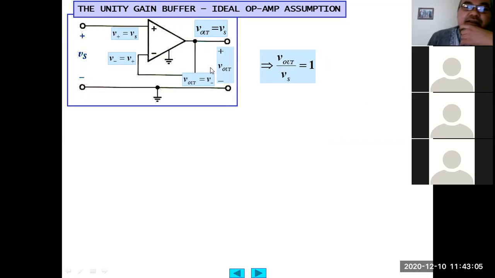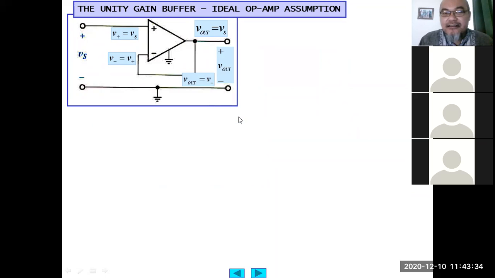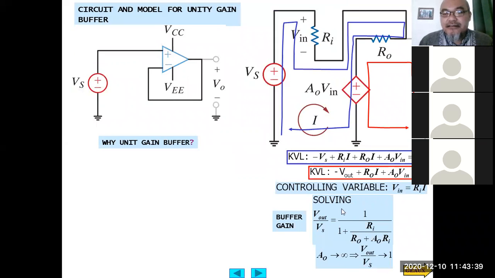In this unity gain buffer with the ideal op-amp assumption, V output divided by Vin equals 1. But in reality, as we have read in the previous slide, it is 0.995, 0.9998, depending on the op-amp component manufacturer. If we use the linear non-ideal op-amp model that we derived in the previous slide, this is the actual model, right?